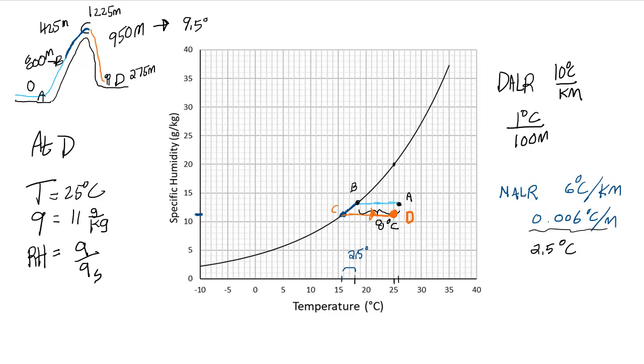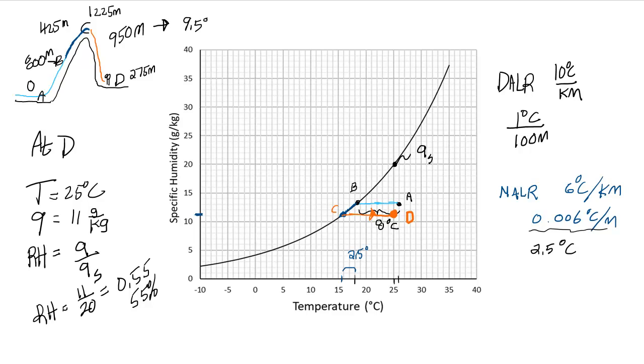So the saturation value here, QS at 25 degrees, is equal to 20, right? So the relative humidity will equal 11 grams per kilogram divided by 20 grams per kilogram, and that is 0.55 or 55%.